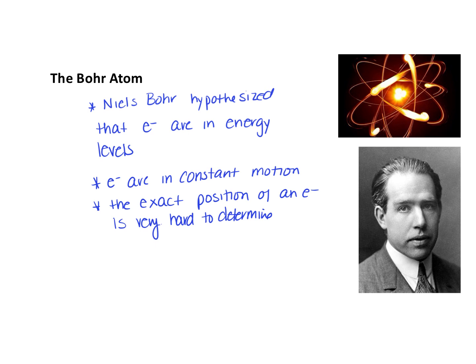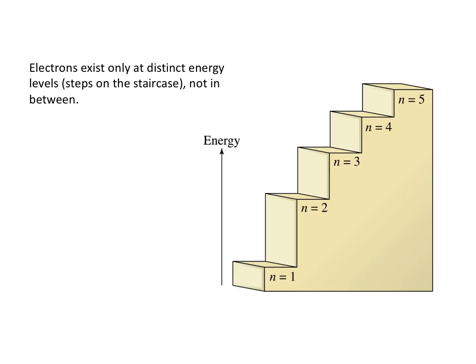Now, when we talk about these electrons, one of the things that we know is that electrons exist only at distinct energy levels around the nucleus, right? These are sometimes called shells, right? So these are energy levels or shells.